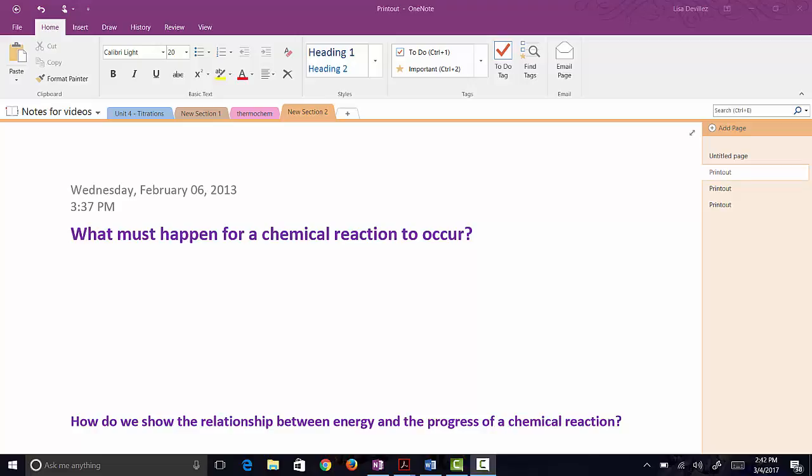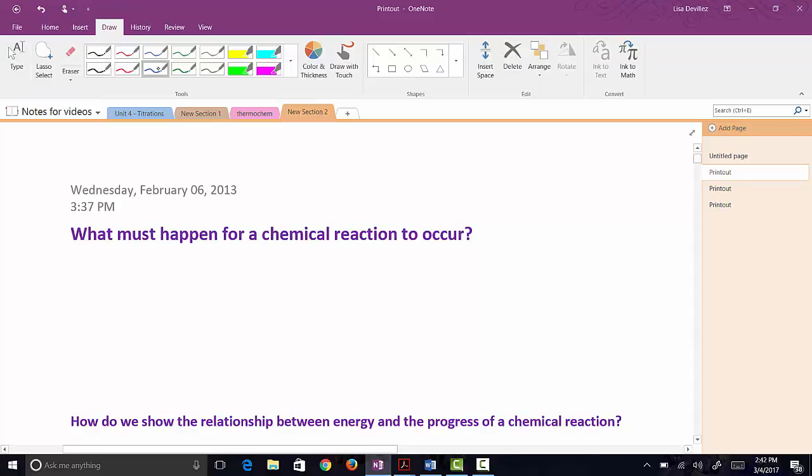So the first thing we want to look at is, all right, what has to happen for a chemical reaction to occur? And the basis for this is something called collision theory. Collision theory has three basic parts.